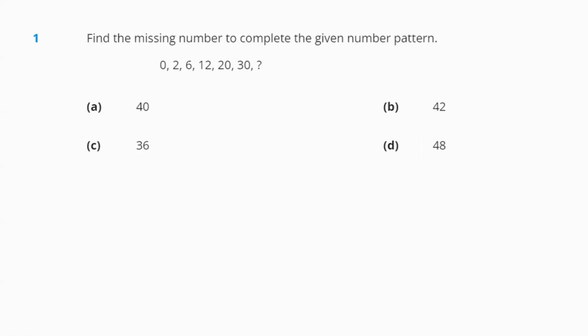The first question. Find the missing number to complete the given number pattern. So firstly we will be writing the number pattern here. It is 0, 2, 6, 12, 20, 30. If we try to find the difference between them, we'll get 2, 4, 6, 8, 10.